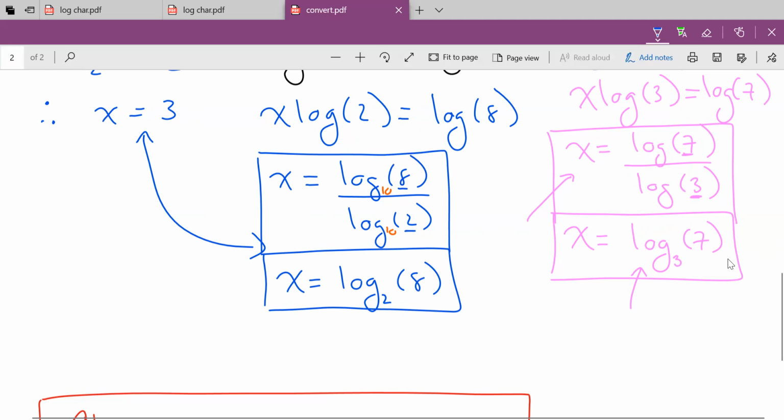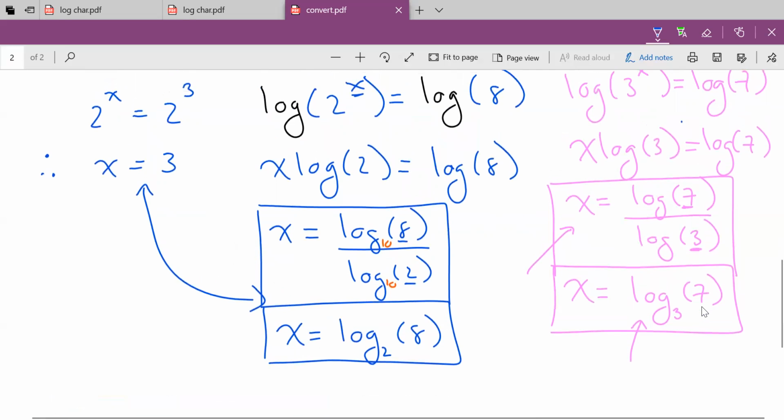That's it, this is how we convert forms. So to solve for an unknown exponent, take the log of both sides. Now, in the next video, I'm going to show you a shortcut that doesn't always work to convert logarithms, but it works a lot of the time. There it is, friends, there's how you convert forms.